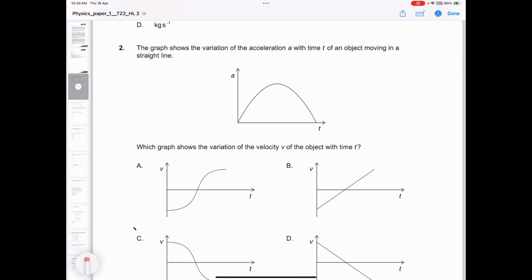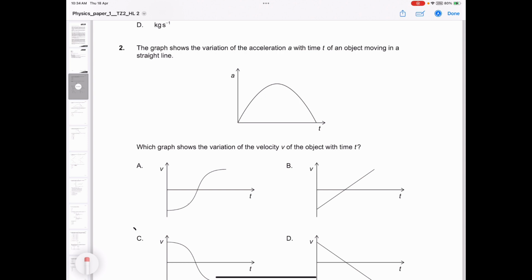Okay, so let's look at number 2. We have this curved acceleration time graph. We know that the derivative of a velocity time graph is equal to the acceleration time graph. Therefore, if we look at the derivatives of these four graphs, we should be able to establish which is the correct answer.